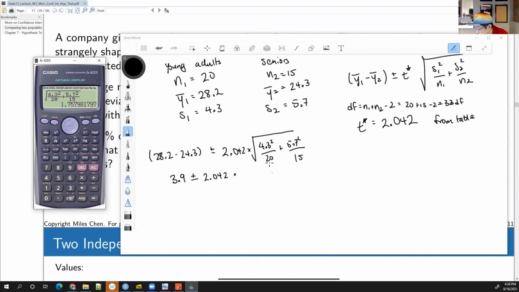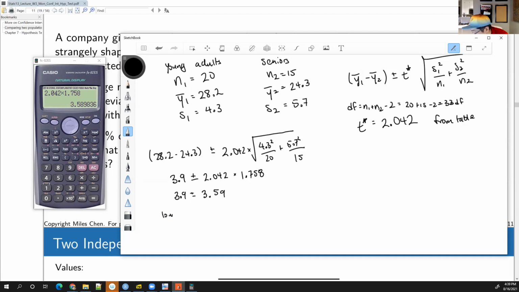Okay, and that's 1.75798, so 1.758. So 3.9 plus or minus 2.042 times 1.758, which is 3.59. Okay, 3.9 plus or minus 3.59.